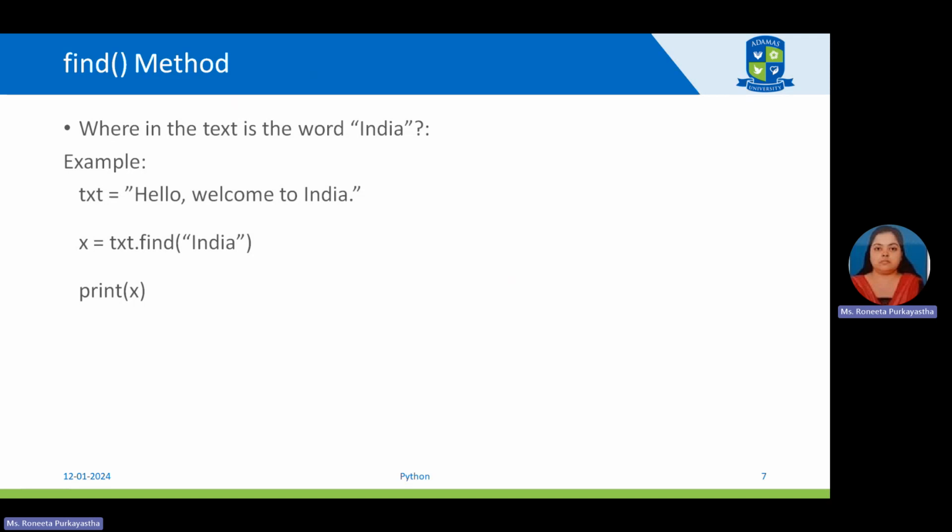Index means we know that the characters in a particular string are ordered. They have a particular position number. So if you write txt.find India, it will just show the position of the substring India in the main string txt. Accordingly you can print the index number or the position number of the mentioned substring.